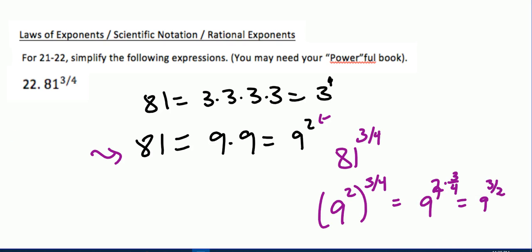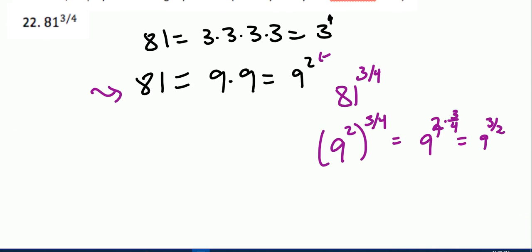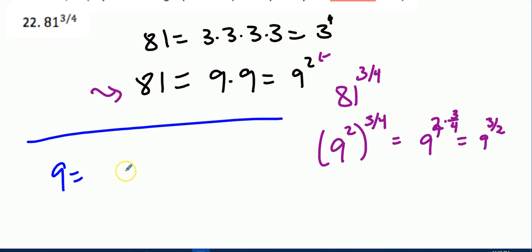Well, 9 to the 3/2, I'm going to get a little bit stuck here. We could be a little bit crafty, I suppose. Let's take a look at 9s. If I go to a different page of the booklet, I have 9 is equal to 3 times 3, which is 3 squared. Oh, okay, that's perfect because I have a 2 in this exponent and 2 in that exponent.